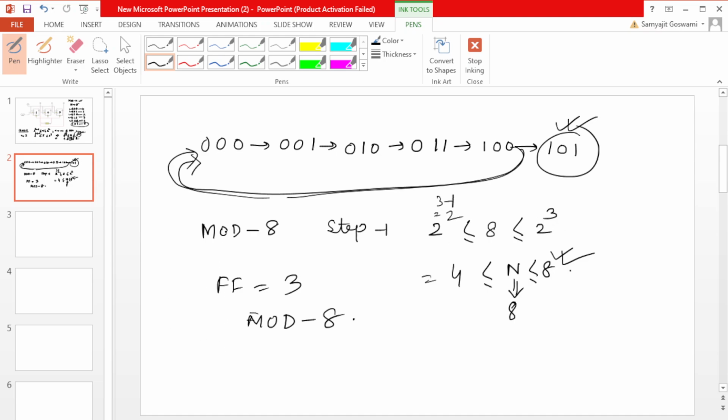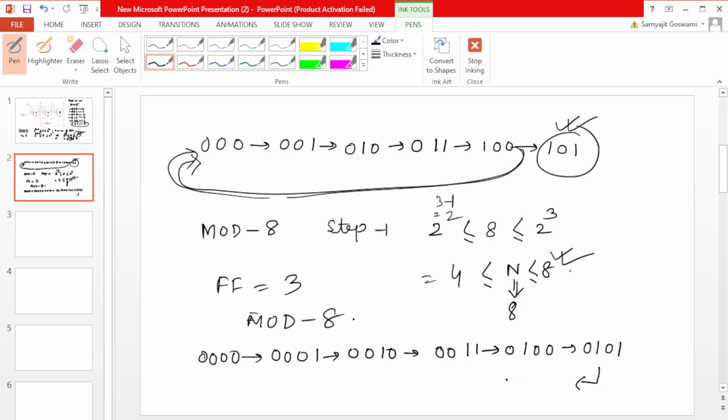Now in the case of mod 8, what will happen? As it is a 4-bit number, we count 0 0 0 0, then 0 0 0 1, then 0 0 1 0, then 0 0 1 1, then 0 1 0 0, then 5, 6, and 7.